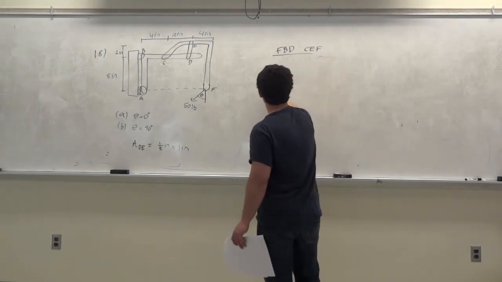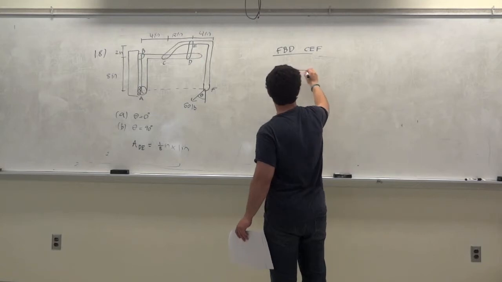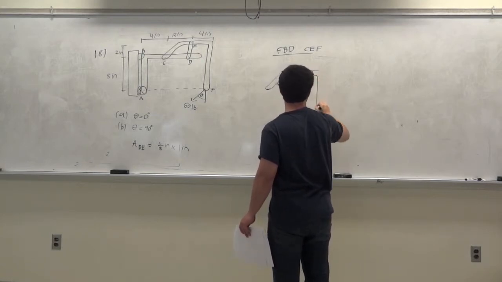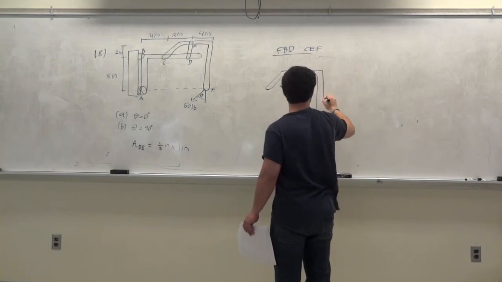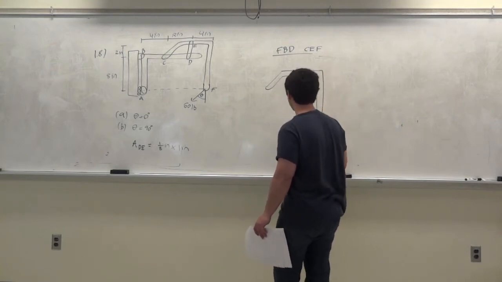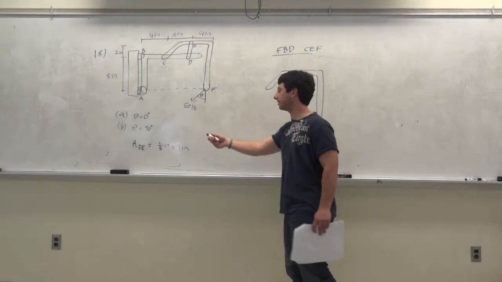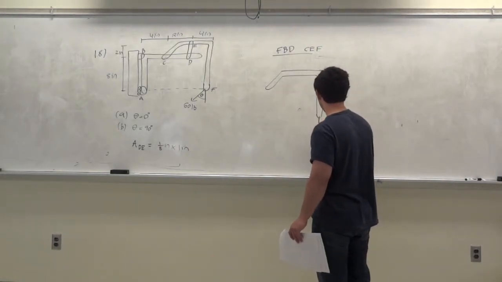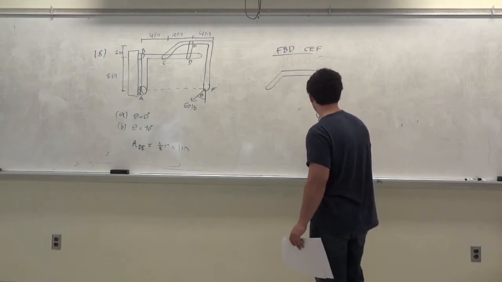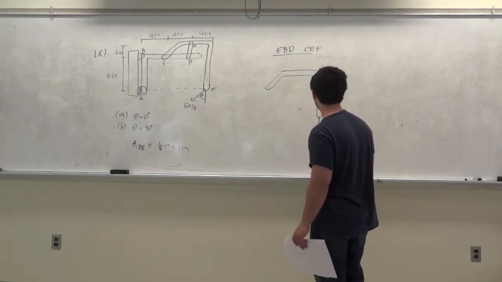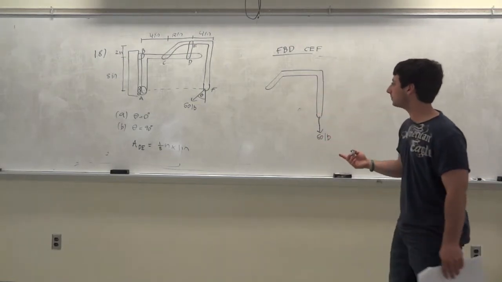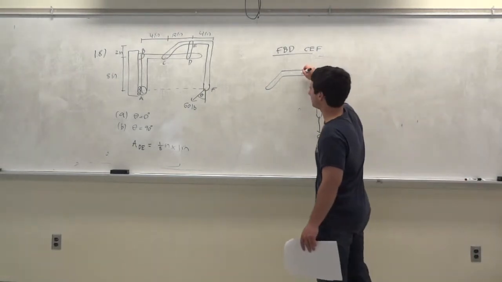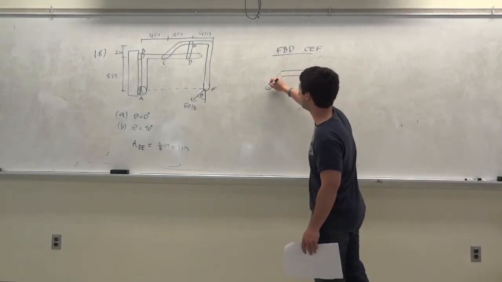Okay, so you got this link over here. And now for part A, theta is equal to 0, so we collapse it onto this y-axis. So this is 60 pounds, so it's straight down, right? There's a pin here, and then there's a pin here.